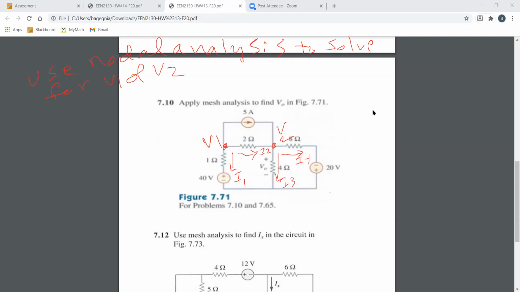So if you apply KCL at V1, current leaving the node I1, current leaving the node I2, current leaving the node 5 equals 0. All the currents are leaving the node. This is out, this is out, this is out. Again, apply Ohm's law. I1, where is I1 going from?